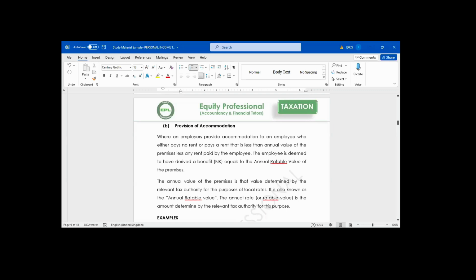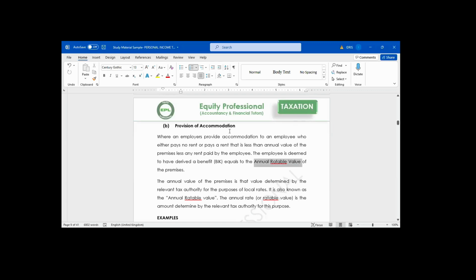Let me repeat myself again. On provision of accommodation, we look at it in two ways. If the accommodation is rented by the company, the annual rent paid by the company will serve as a benefit in kind to the employee. But if the accommodation is owned by the company, we are going to look for what is called annual rateable value.